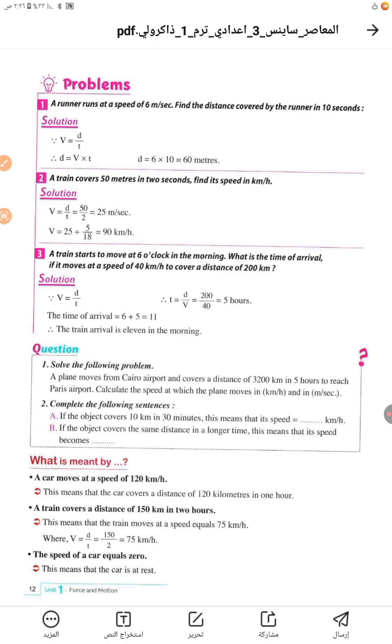Then I convert from meter per second to kilometer per hour by division. The velocity equals 25 over 5 over 18 equals 90 kilometer per hour.